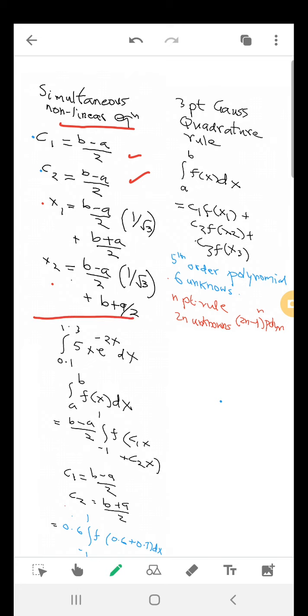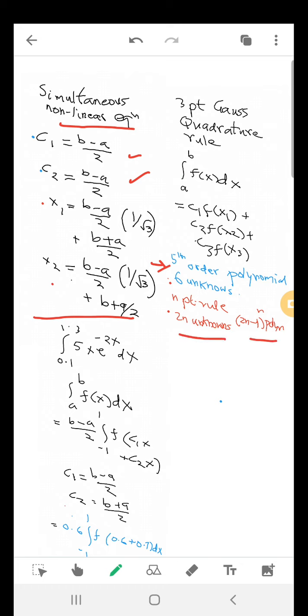This goes for the two-point Gauss quadrature rule. For a three-point Gauss quadrature rule, we have to take a fifth order polynomial, and there will be 6 unknowns. So as we keep increasing the order, the number of unknowns and the order of the polynomial also increase. For an n-point Gauss quadrature rule, there will be 2n unknowns and a polynomial of order 2n minus 1.